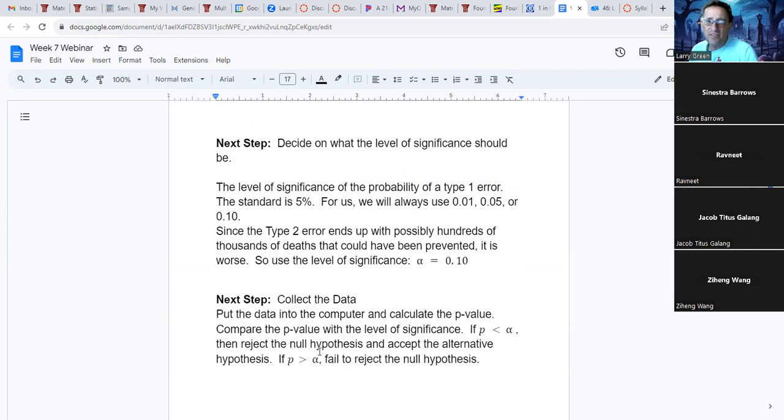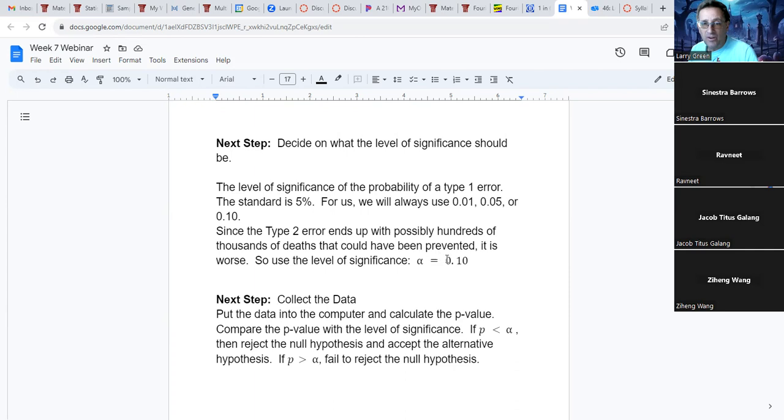Okay, so in this case, you have to decide, and this isn't math actually, this part. You have to decide what's worse. Okay. In our class, again, we're going to stick with 0.01, 0.05, or 0.1. So 1%, 5%, or 10%. Those are the choices. The standard is 5%. And for our class, if you think the type 1 error is worse, then you're going to use 1% or 0.01.